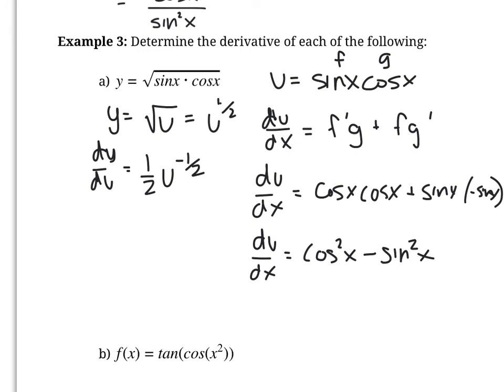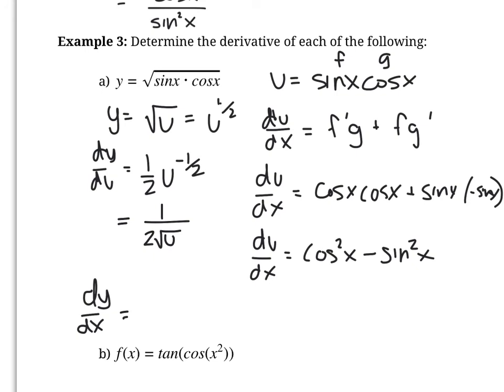And then when we find the derivative dy by dx, we're just multiplying this derivative by this derivative, right? That's what our chain rule says. So I'm going to convert that u back into sine x and cos x. Actually, let me do this first. I'm going to put this 1 over 2 root u in the denominator, to make all the exponents positive.